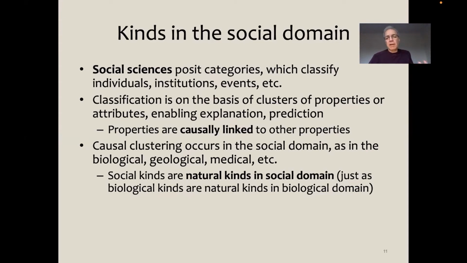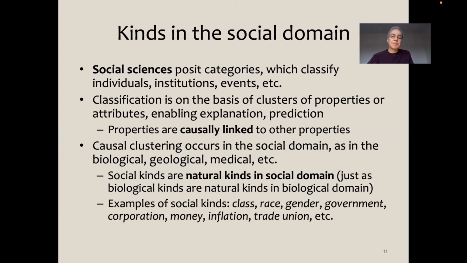But if you think of natural kinds not as having to do with the natural sciences, but natural just in the sense of maybe real, what we're talking about, it seems to me, when we're talking about social kinds, is just real kinds in the social domain. So maybe real kind is a preferable expression to natural kind.